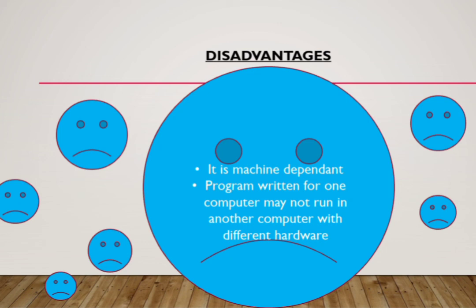So, it depends on the hardware of the computer. If so, the program written for one computer may not run on another computer. As we all know, computers differ from each other by hardware itself. So, a program written for one computer may not run on the other one.